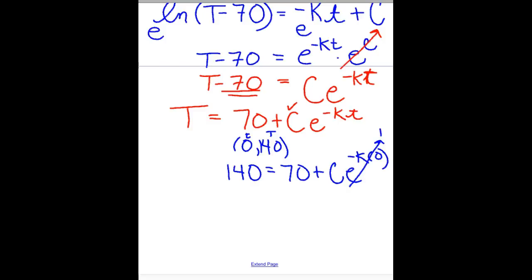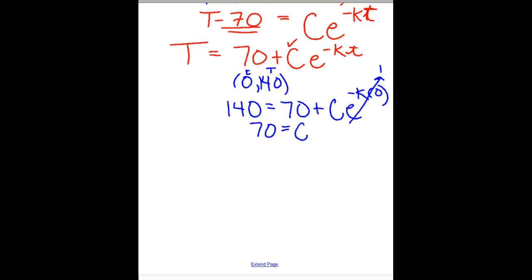So 140 has to be equal to 70 plus C. So that gives me a 70 for my big C. So back to my equation for capital T, it's going to equal 70 plus 70 e to the negative kt. And that's the best I can do right now.